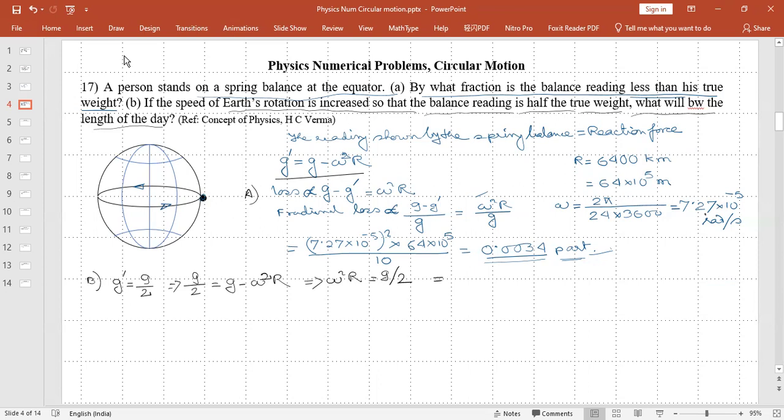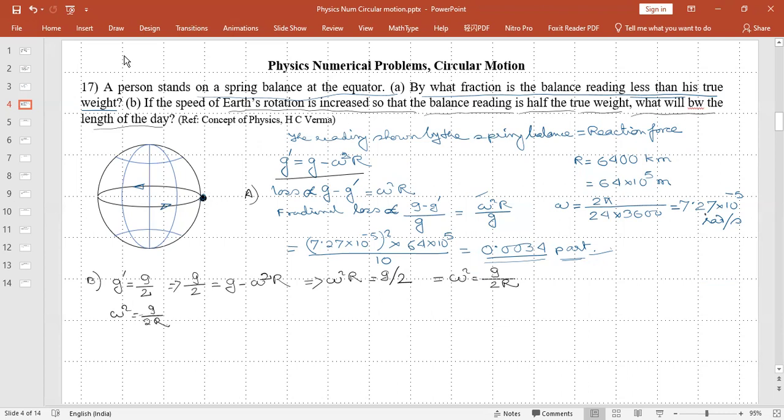From here we get omega square is equal to g by 2R.